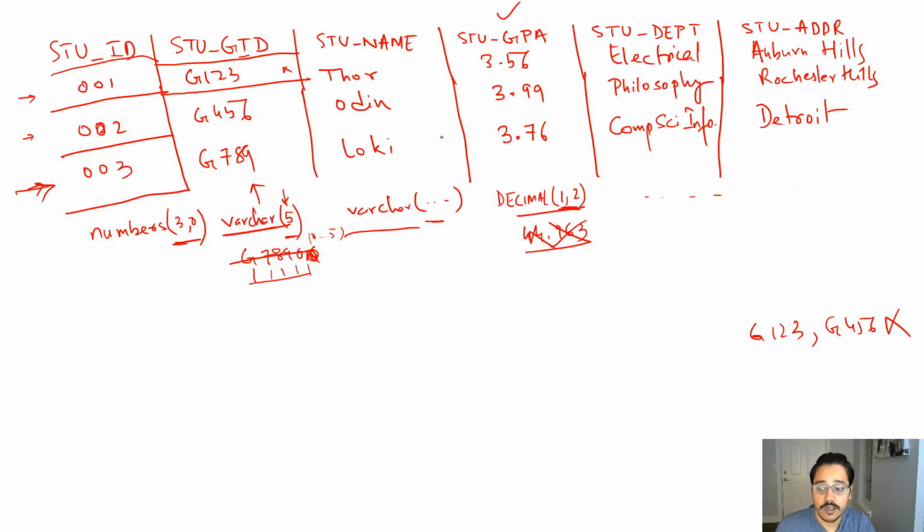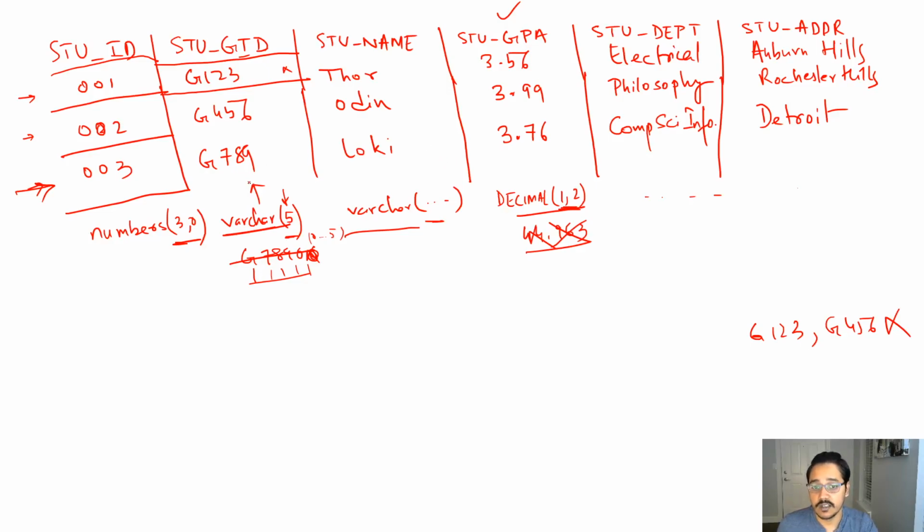Two students can have the same GPA, so that is not possible. Department will again not help us because there can be multiple students belonging to the same department. The same goes for address as well, right? Name as well. You can have students having the same name, and even, to a certain degree, the same first name and last name, right?